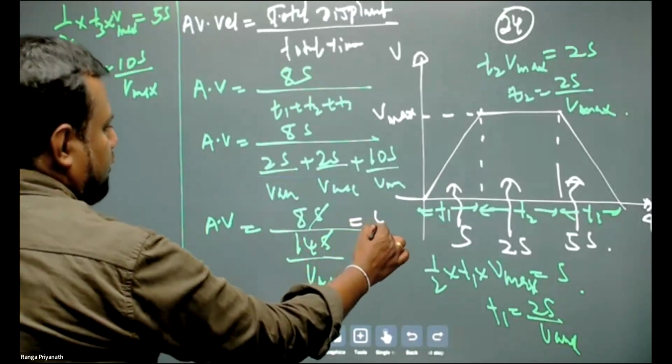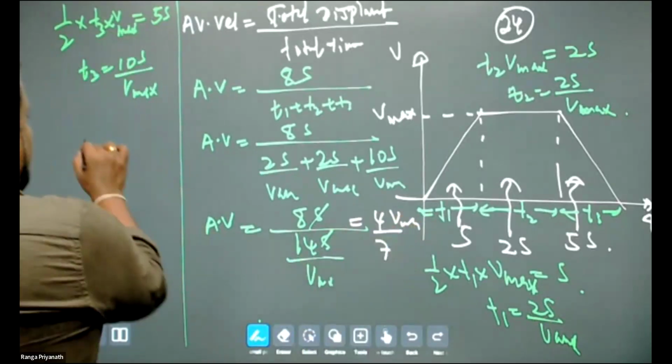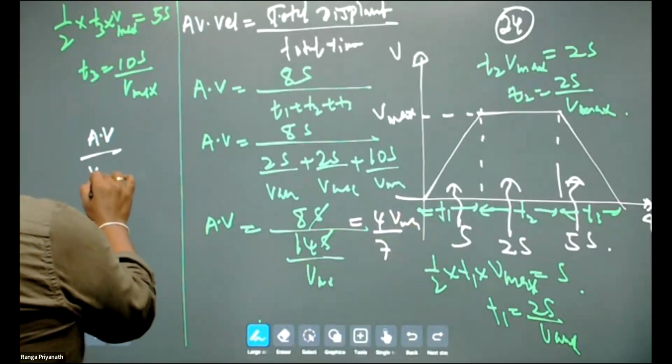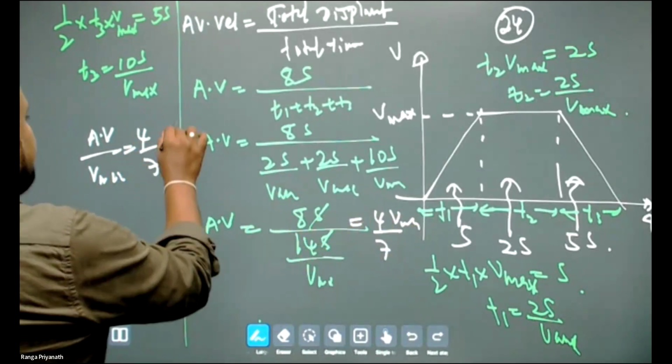This is 4, this is 7. Average velocity over Vmax equals 4 by 7.